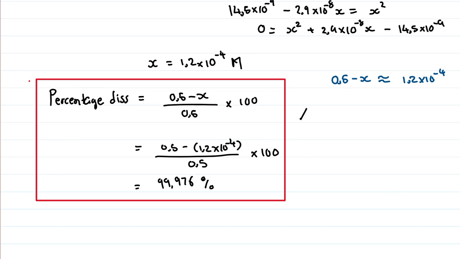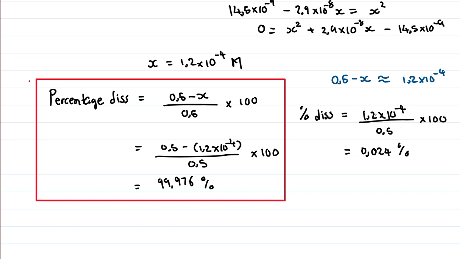It is equal to this value, 1.2 multiplied by 10 to the power of negative 4, divided by 0.5, multiplied by 100, and now we should have 0.024%.